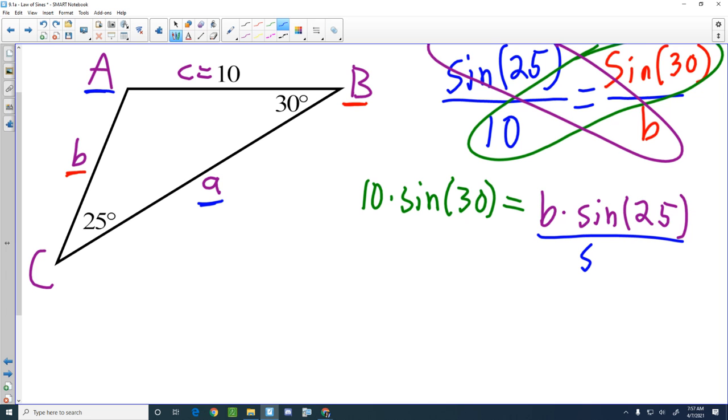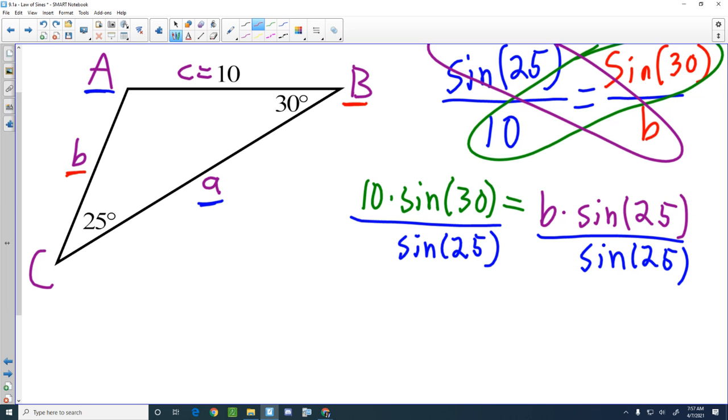When I divide this side by sine of 25 as well, the sine of 25s on the right cancel out, and we're left with just b all by itself, side length b.